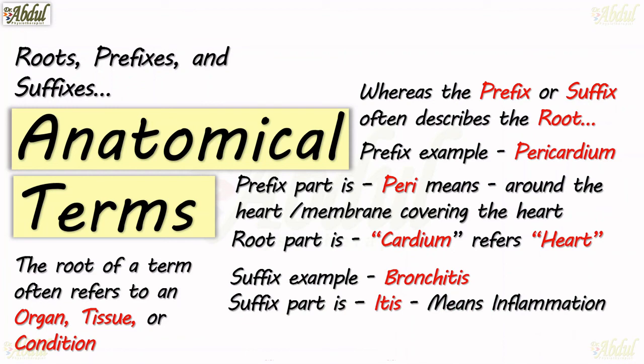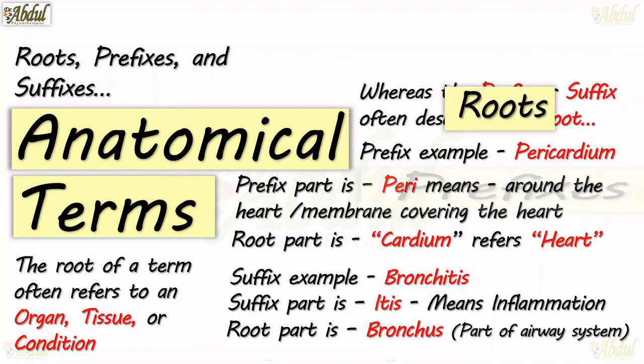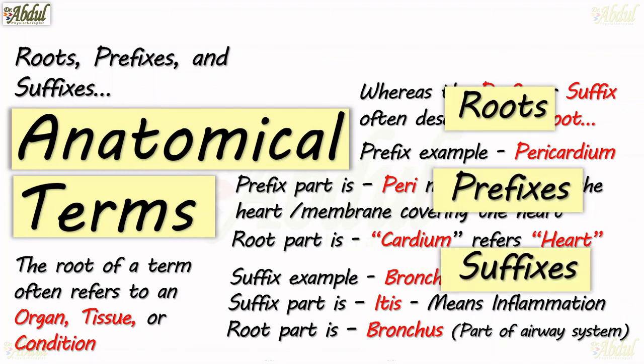The suffix part is itis, which means inflammation, and the root part here is bronchus, which is a part of the airway system. So in total, bronchus and itis together become bronchitis. So this is how the anatomical terms are formed by roots, prefixes, and suffixes.